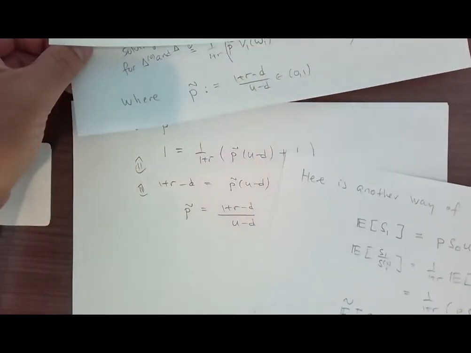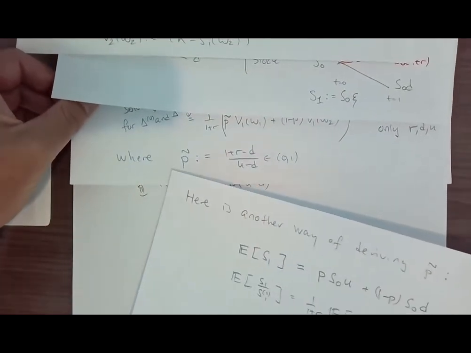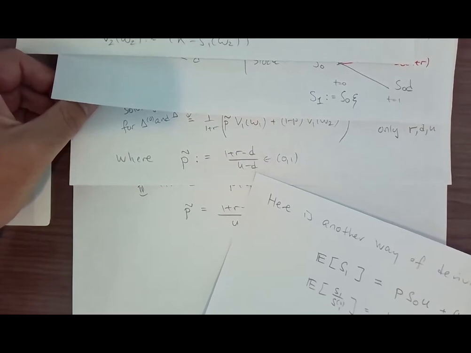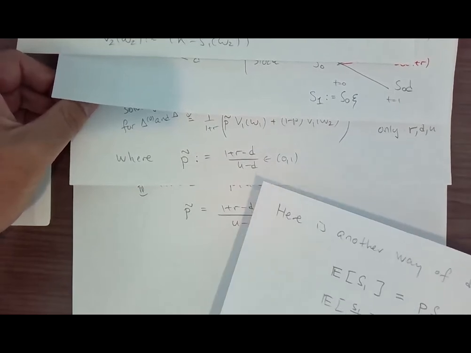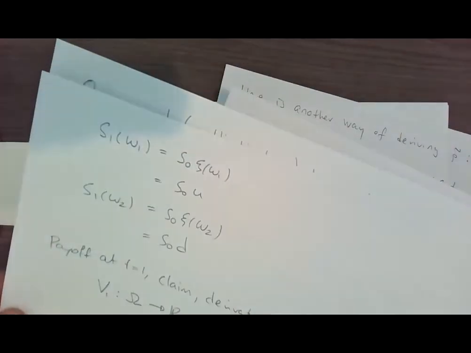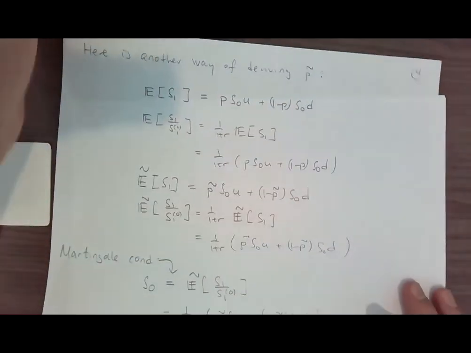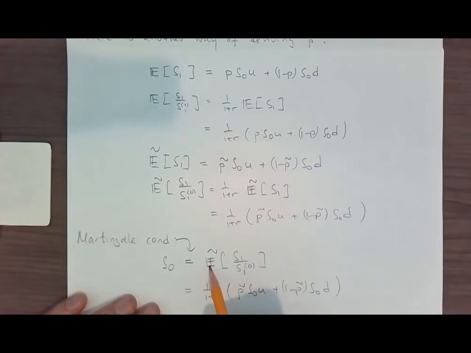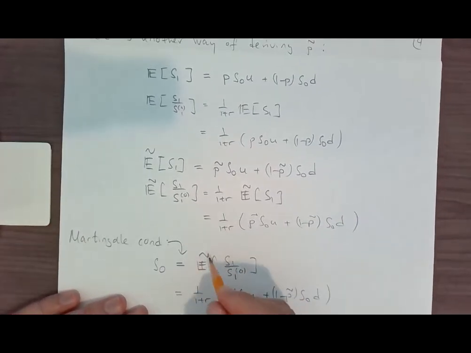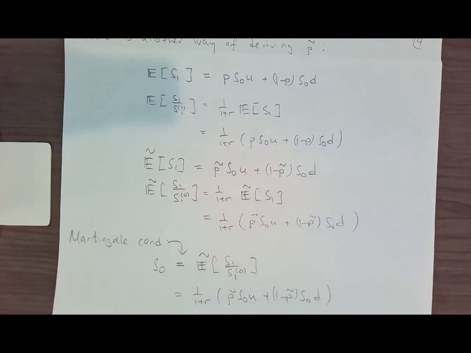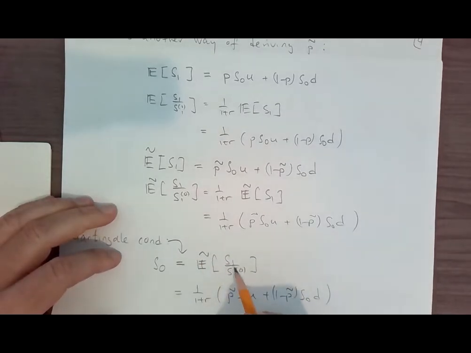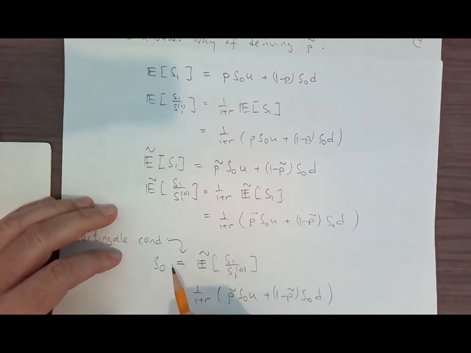That's what we had in mathematics. So this property we're seeing here, this martingale property, what it means is that when I compute expectations under these tilde probabilities, the stock grows just as the bank account.